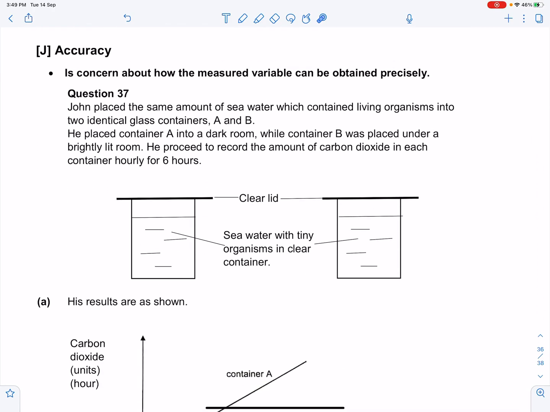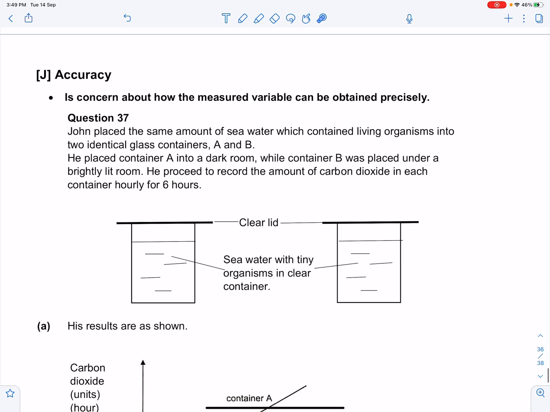Now, accuracy. Accuracy is talking about how your measured variable can be obtained precisely. I've talked about this in very great detail during our normal lessons already. So you are concerned with the measured variable when you talk about accuracy, for example, the instrument used to obtain the measurement. If you are measuring weight, a normal weighing scale that has a decimal point of only 0.1 is not as accurate as a digital scale that has 0.01 accuracy.